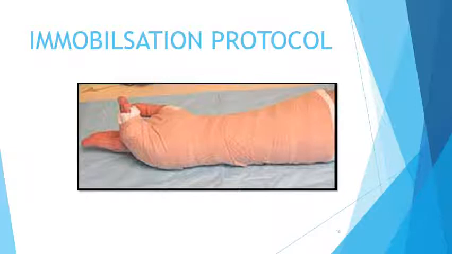But on the contrary, if the difference is less than 50 degrees, continue with the phase that you are in until 6 weeks. Later stage, from about 6 weeks onwards, the dorsal blocking orthosis can be discarded.